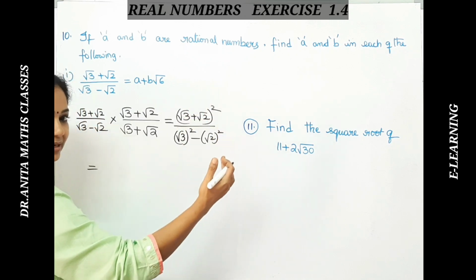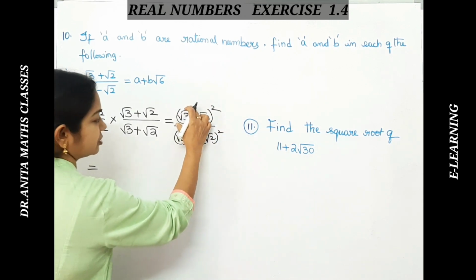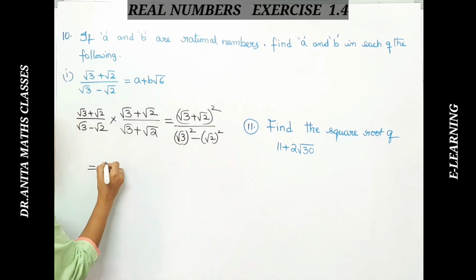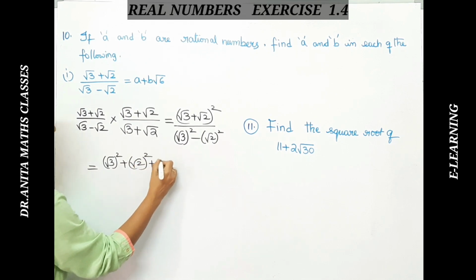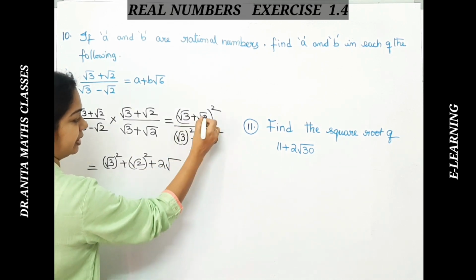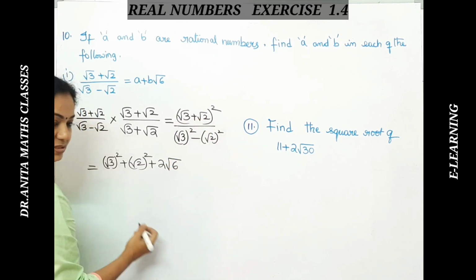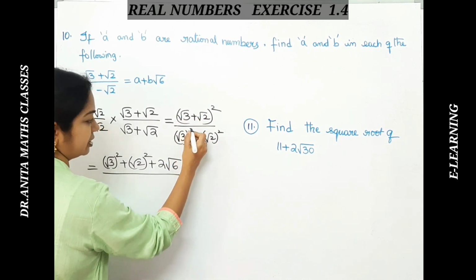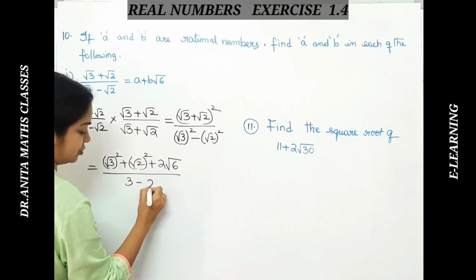So I'll expand it. That is a square plus b square plus 2ab, where a is root 3, b is root 2. So a square, root 3 square, plus b square, plus 2ab. So root 3 root 2 is root 6, isn't it? So here root 3 minus root 2 whole square, square root square goes off, 3 minus 2 you get.